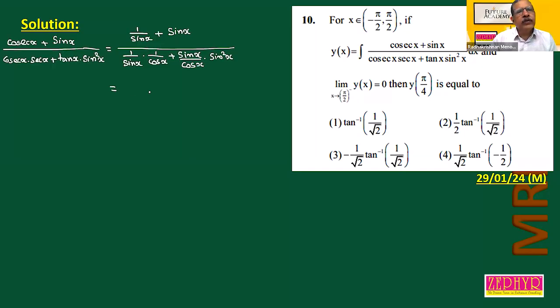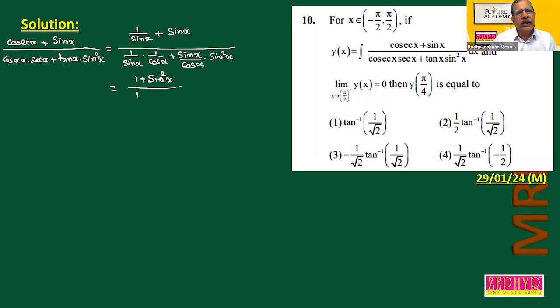Which is equal to: in the numerator I multiply by sin x, and in the denominator I also multiply by sin x. So the numerator becomes 1 plus sin squared x. In the denominator, multiplying by sin x, you get 1 by cos x common.